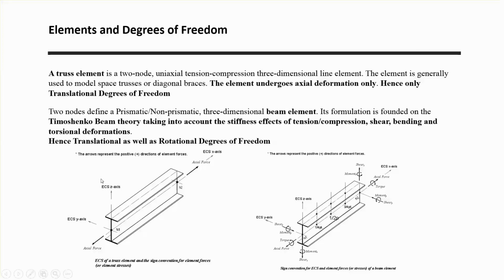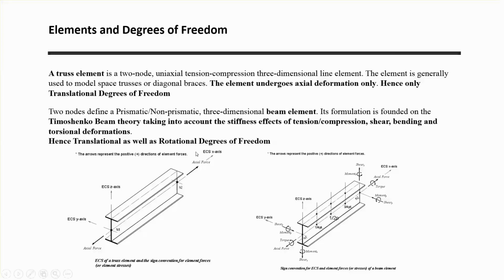Here ECS is the element coordinate system, because almost every FEA software has 3 different kinds of coordinate systems. One is global, one is local, and the third one is user defined. Local means the element local axis, ECS; GCS means global coordinate system; and UCS means user coordinate system.